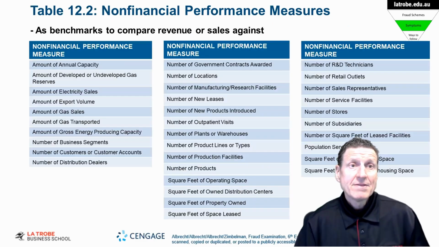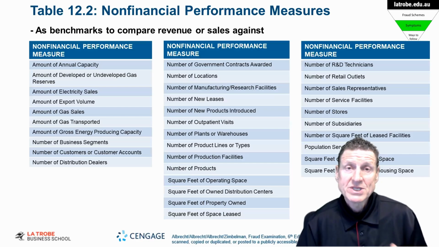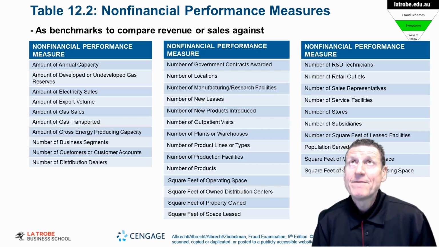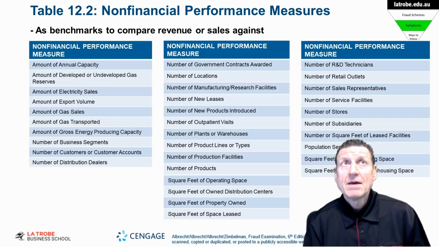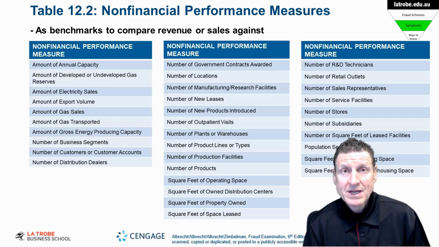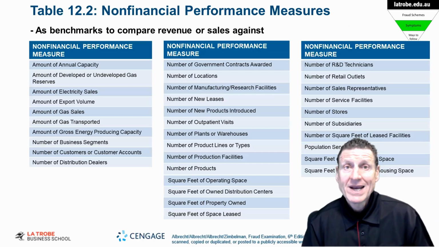If we look at the non-financial performance measures, this is one way of providing benchmarks to understand, is there a strange pattern analytically in the financial statements? Is there something strange accounting-wise in the accounting and documented transactions?